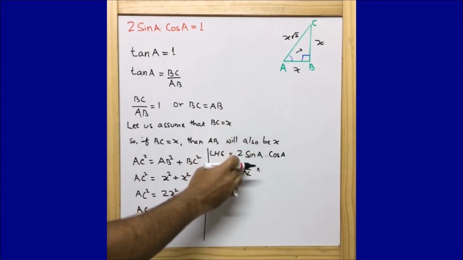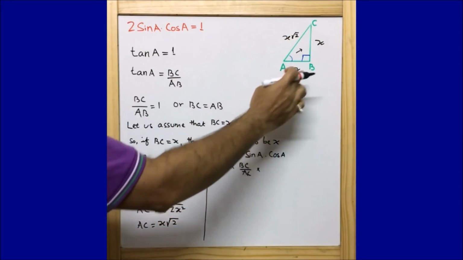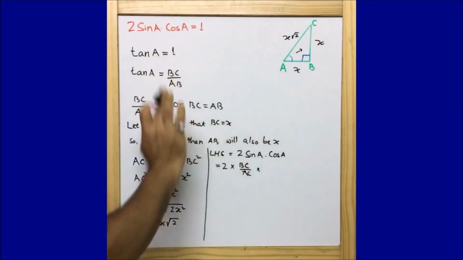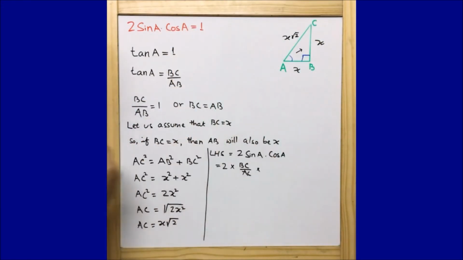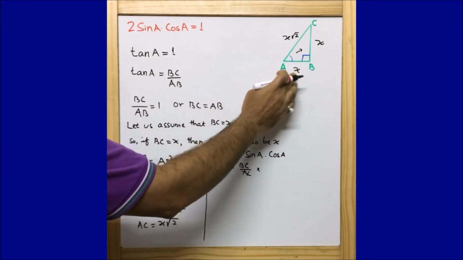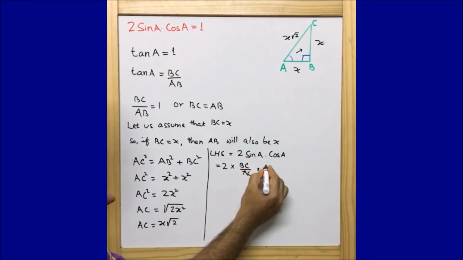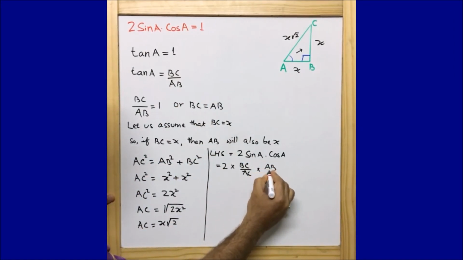Sin A is the side opposite to angle A, that is BC, upon the hypotenuse, that is AC, into cos A. Again cos A is the side adjacent to angle A, that is AB, upon the hypotenuse, so I can write AB by AC.